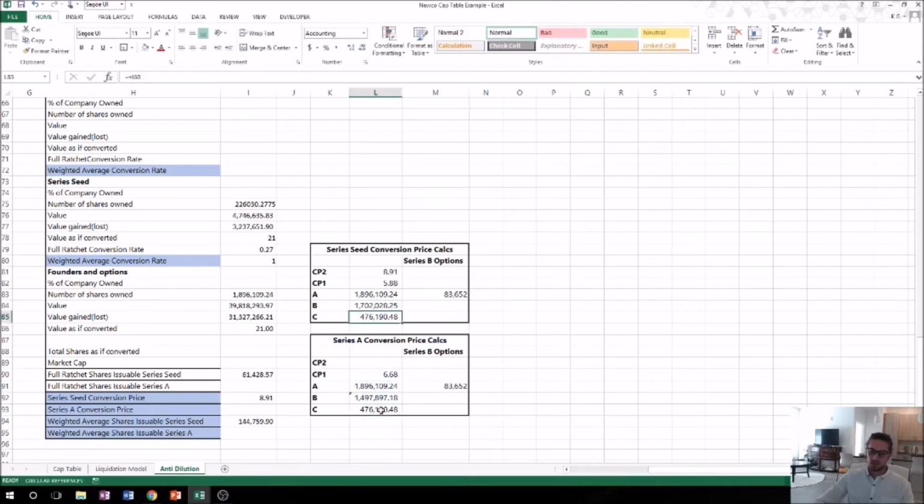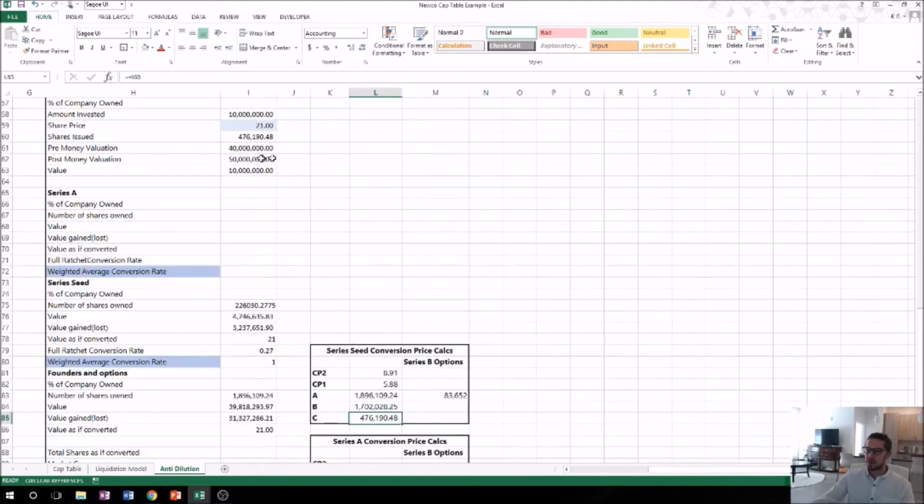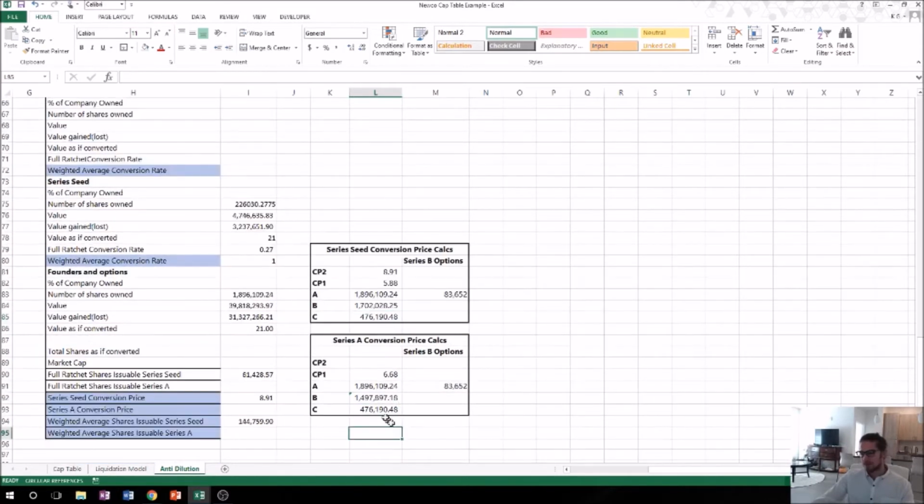And C, just if you've forgotten, is the number of shares issued in this current round. So now CP2 can be calculated just by copying and pasting this formula down here again. We get 955 as our price, and we'll move on from there to the Series A conversion price right here.